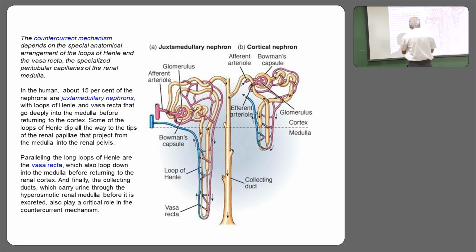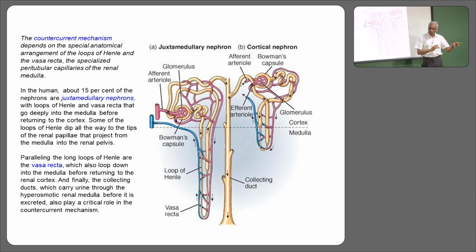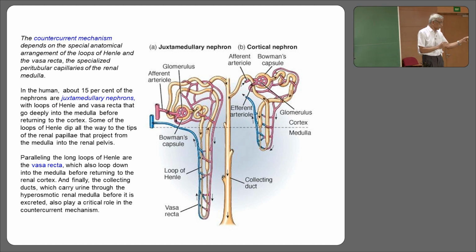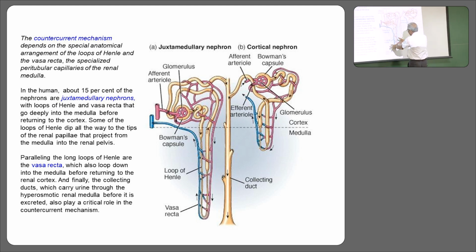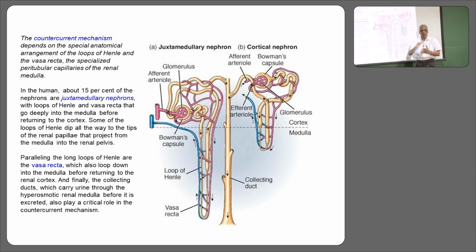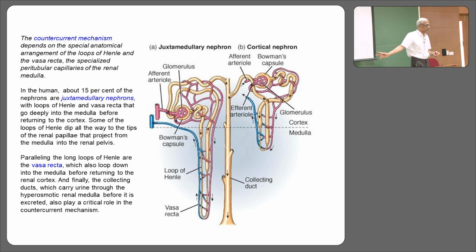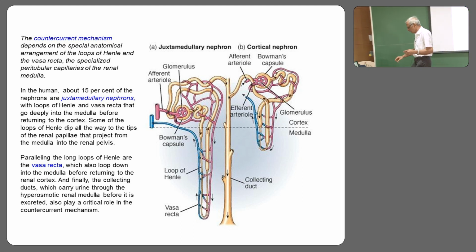Now, this system of blood flow which goes anti-parallel to the loop of Henle is called the vasa recta. This composite system plays a very important role in generating the gradient, where the osmotic value here is about 300 milliosmoles, then 500, 600, 700, 800, 900, 1200 milliosmoles. This anatomical system plays a very important role, and how this system functions and achieves this is what we will see.